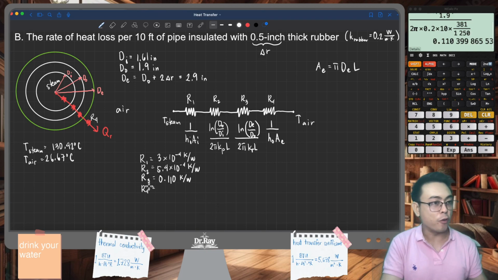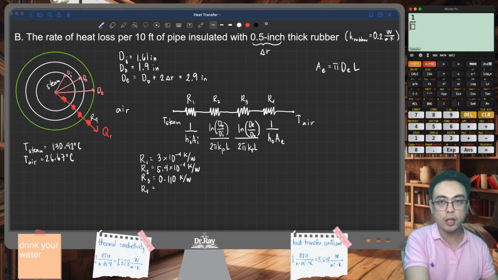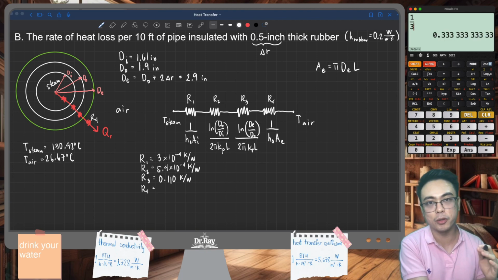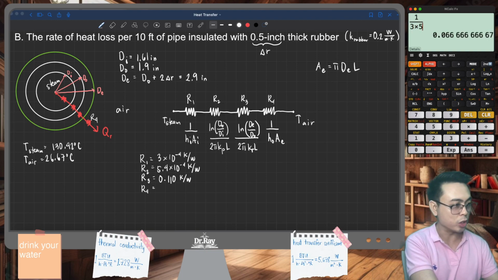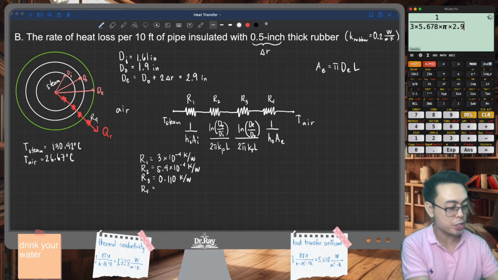Let's calculate R4, or the last resistance. That is 1 over HO, that's 3 BTU per hour per square feet per degree Fahrenheit. Use the conversion factor here to convert it to SI units. Multiply by 5.678. And then take note of the external surface area, that is pi times dE, 2.9 inches.